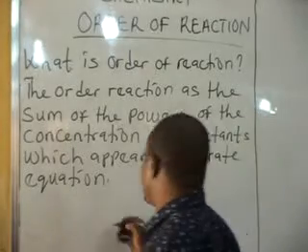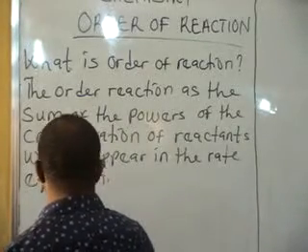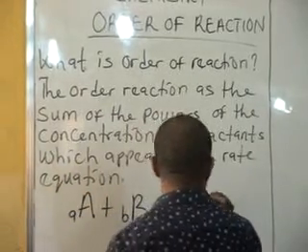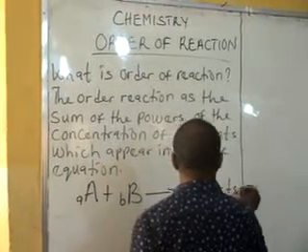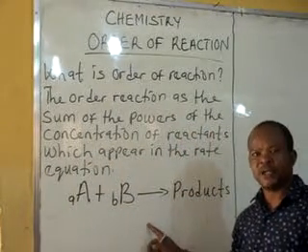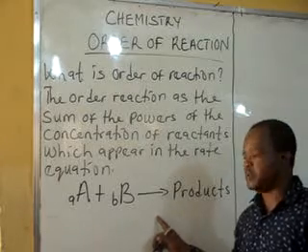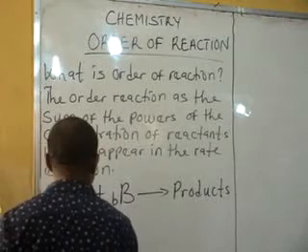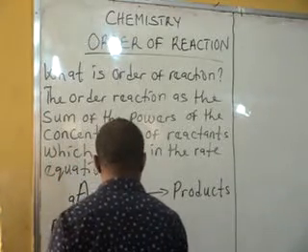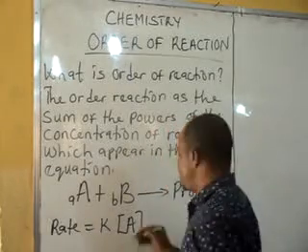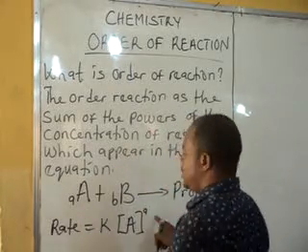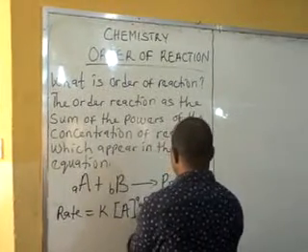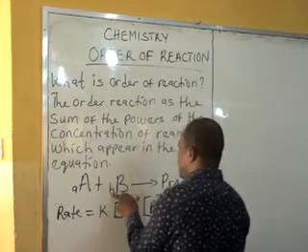Now let's consider this equation. If we have an equation like A plus B giving us a product, and I want to find the rate of this reaction, the rate equation will give me the concentration of A raised to the power of small a, and then the concentration of B raised to the power of small b too.